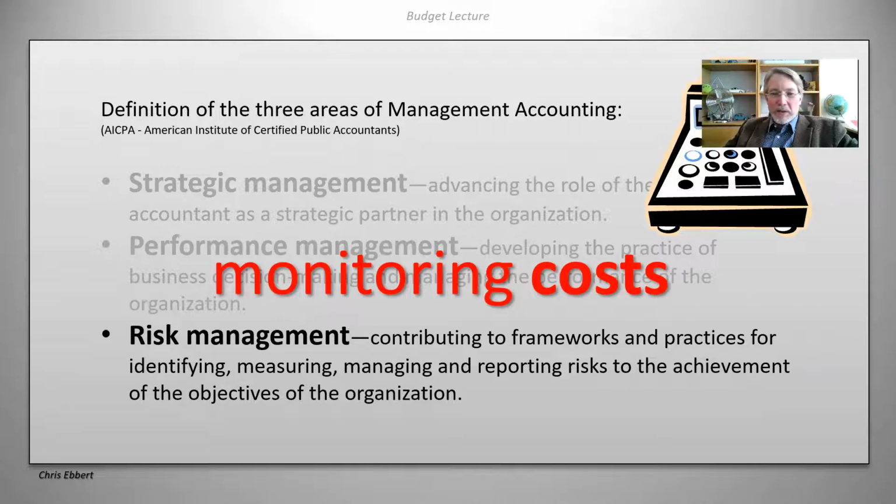So as soon as some red warning signs are popping up because you're going over budget, then you're basically managing your risk because you're taking into account that you're reaching the end of the money, right? So this is about contributing to frameworks and practices for identifying, measuring, managing, and reporting risks to the achievement of the objectives of the organization.